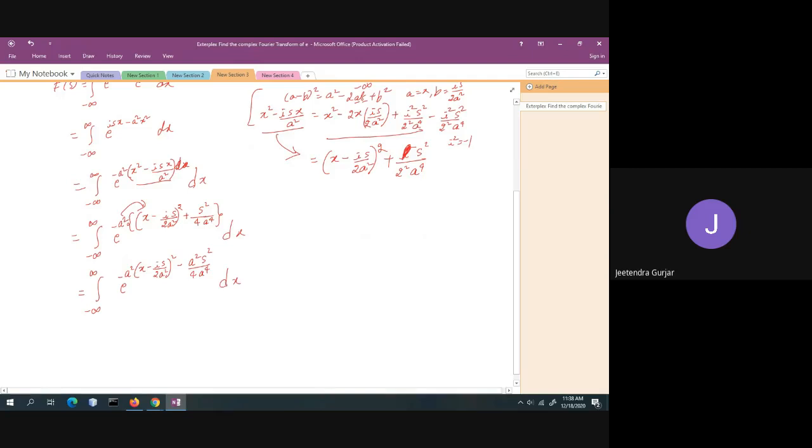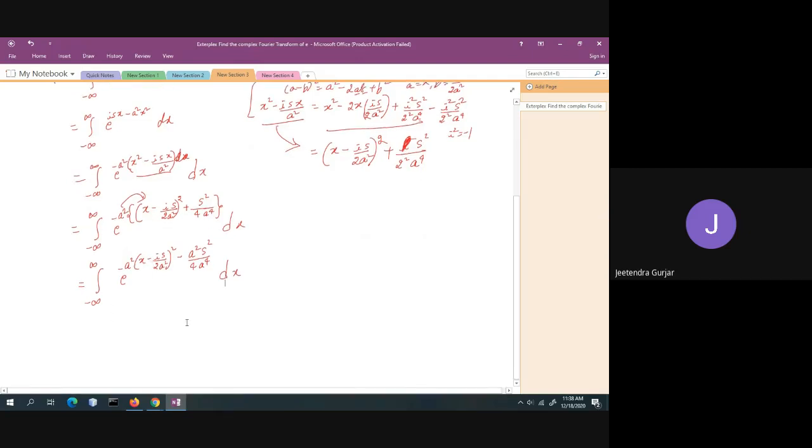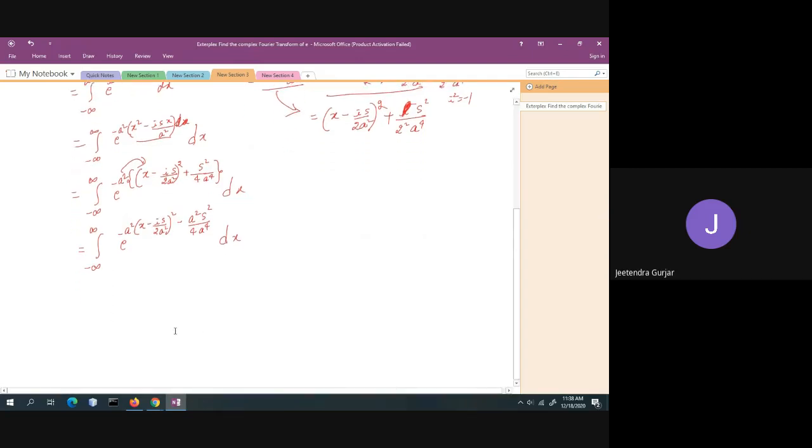So now you can see this is a constant term, students. So what I will do, I will remove it outside. But first I have to simplify this integration minus infinity to infinity e raised to a square x minus i s upon 2a square, squared. This will become, okay, I will take it separately, minus a square s square upon 4 a raised to 4, dx.